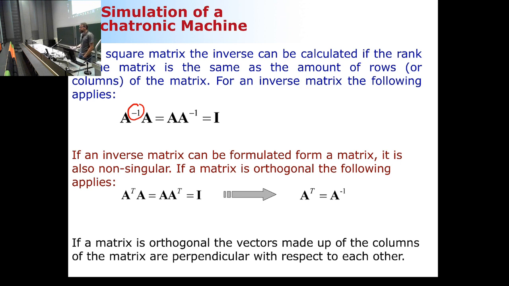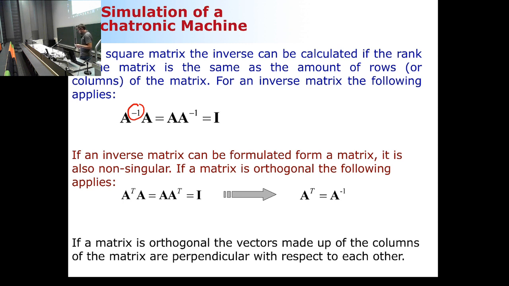It's possible to compute the inverse if the rank of the matrix is the same as the number of rows or columns. It means that all these rows and columns have to be independent with respect to each other. If that's the case, and you're dealing with a square matrix, then you can compute the matrix inverse.